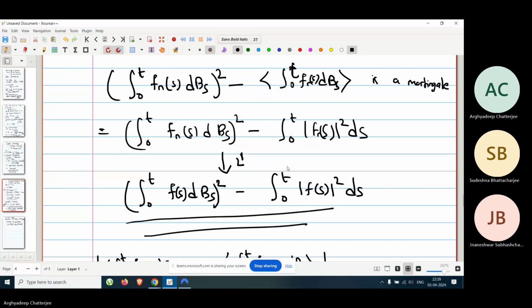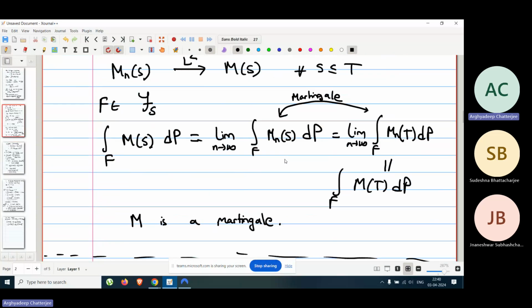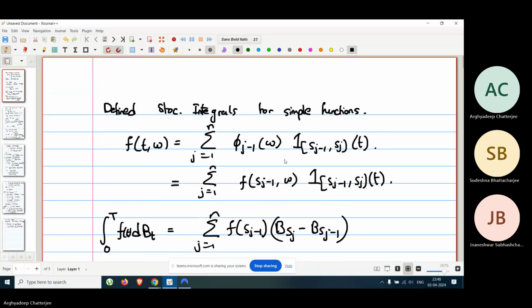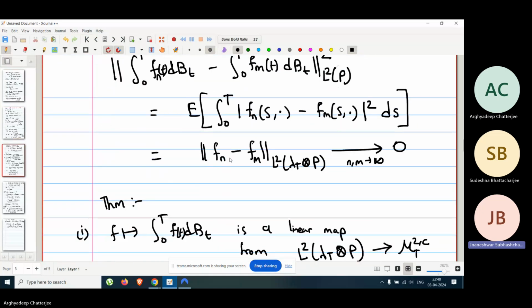We were discussing this integral of f_t squared. We can even give the actual exact simple process that approximates it.